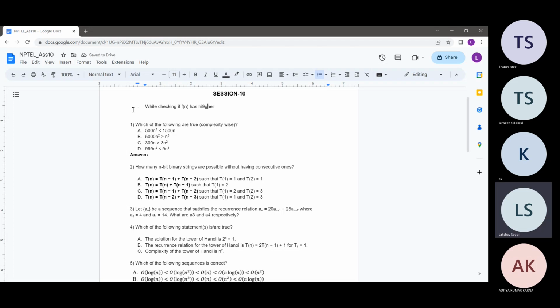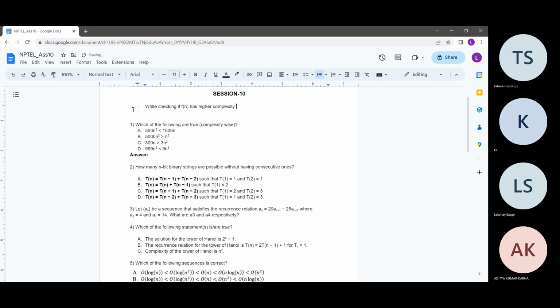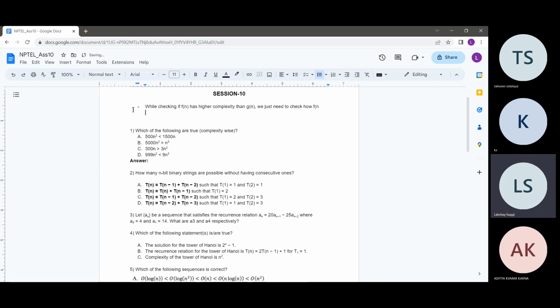So I'm just writing down how you say if a function Fn has higher complexity than a function Gn. This has been discussed in the lecture, so I'll just discuss this again in short. So while checking if Fn has a higher complexity than Gn, we just need to check how Fn and Gn behave at large values of n.